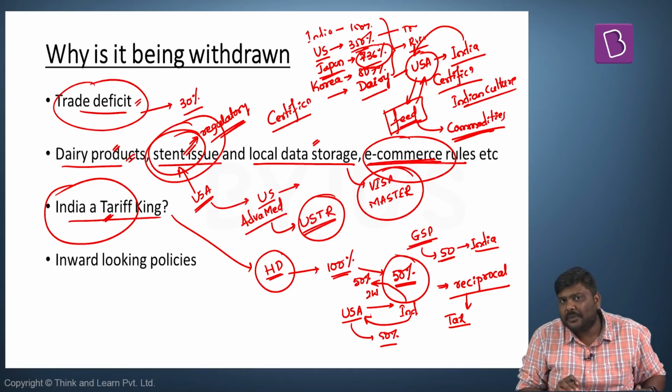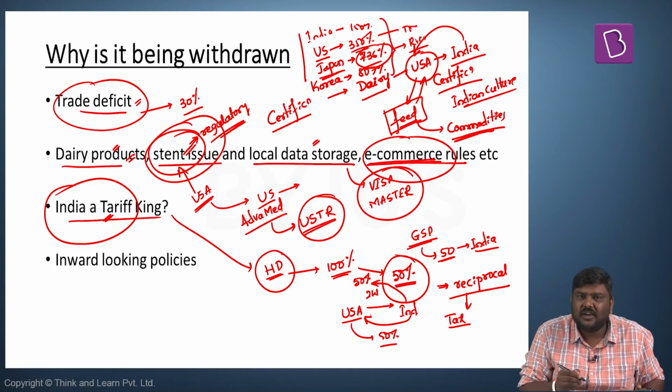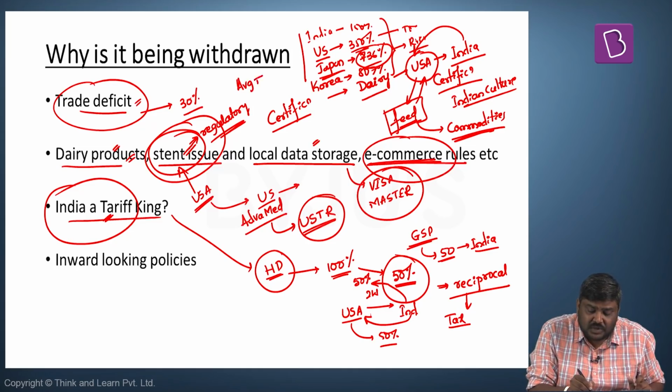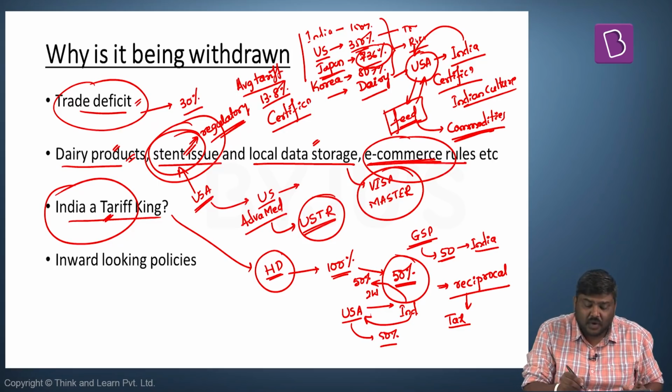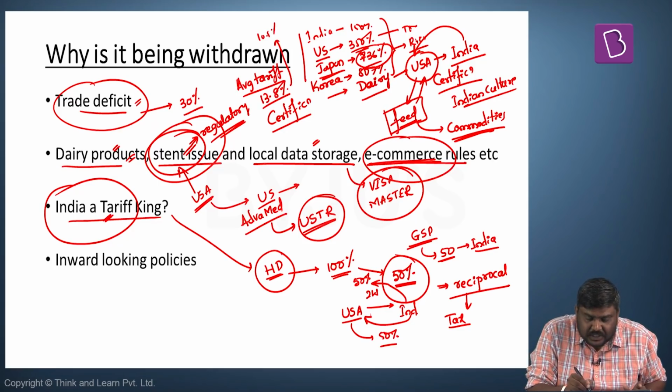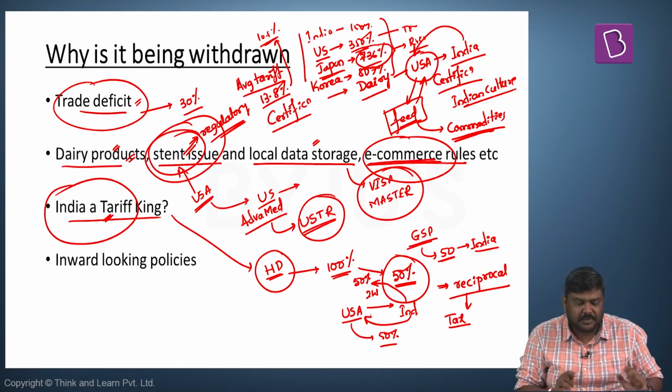But more importantly, rather than looking at the highest value of the tariff, what you should look at is the average tariff imposed by these countries. India's average tariff comes to around 13.8% on all the imports, whereas on goods, it is just over 10.5%. To be more precise, it is 10.7%.